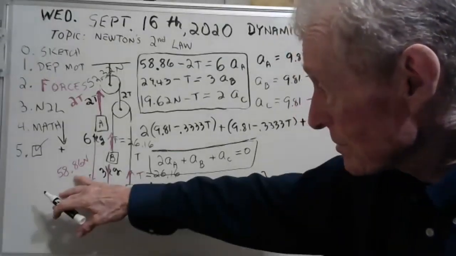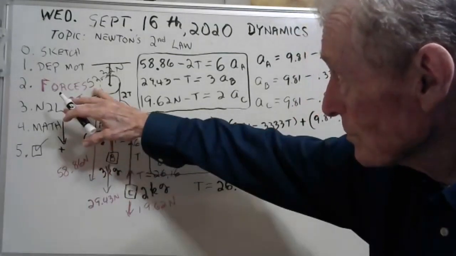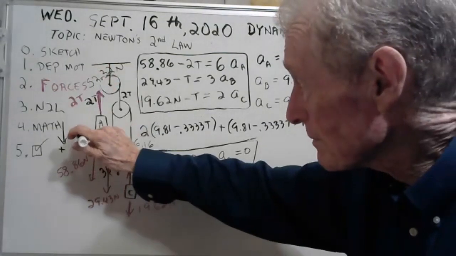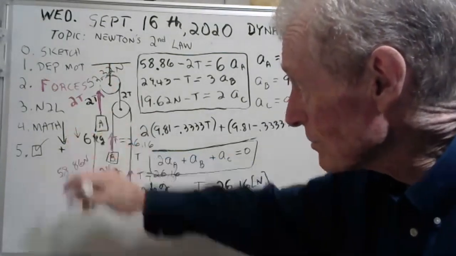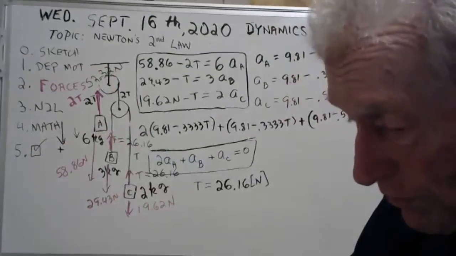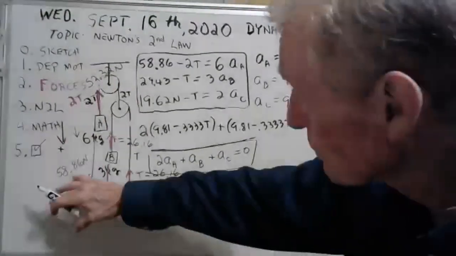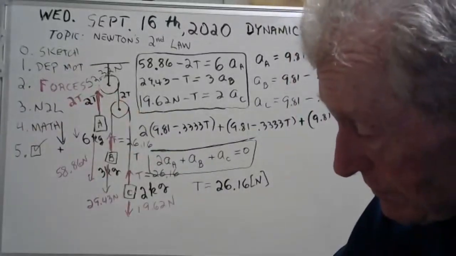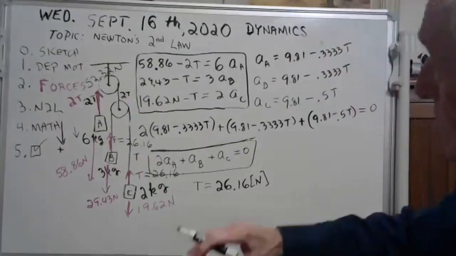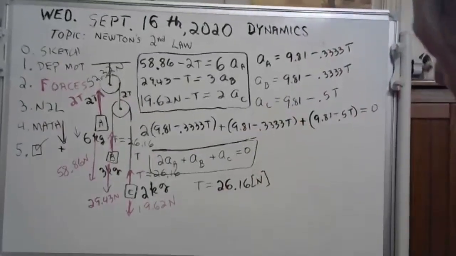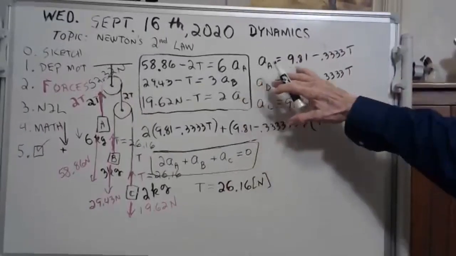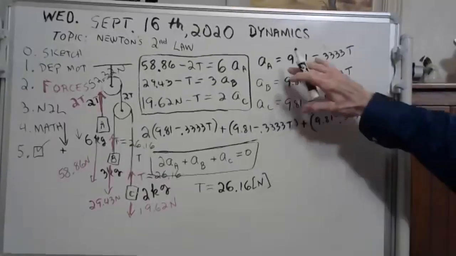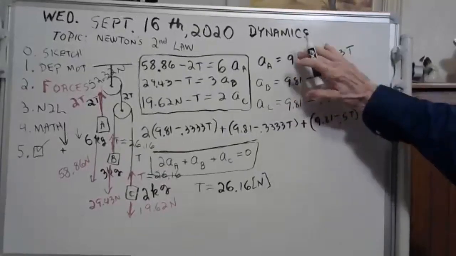Now here's how we can check this. If you got 58 something newtons going down and 52 newtons going up, what's this thing going to do? Well, I would think it would go down, because it's got more force going down. 58's bigger than 52, so A is going to go down. The acceleration of A is 9.81 minus 0.3333t, and we think we know t.